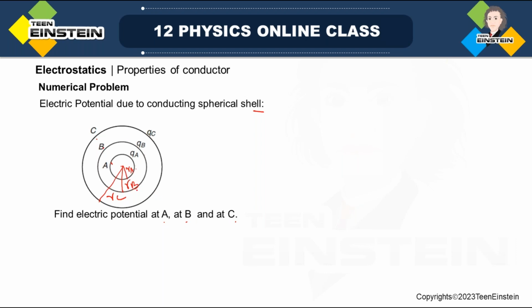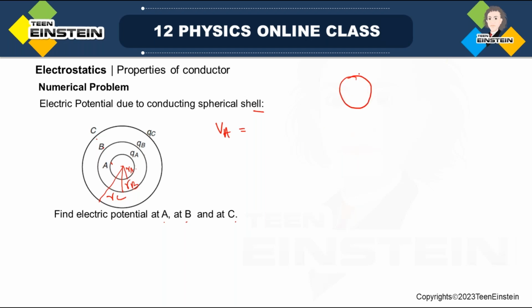So I have to calculate electric potential at A or electric potential at B or electric potential at C. What will be the electric potential at A? I'm writing VA. So what will be that value? See, it is a conducting cell, right?